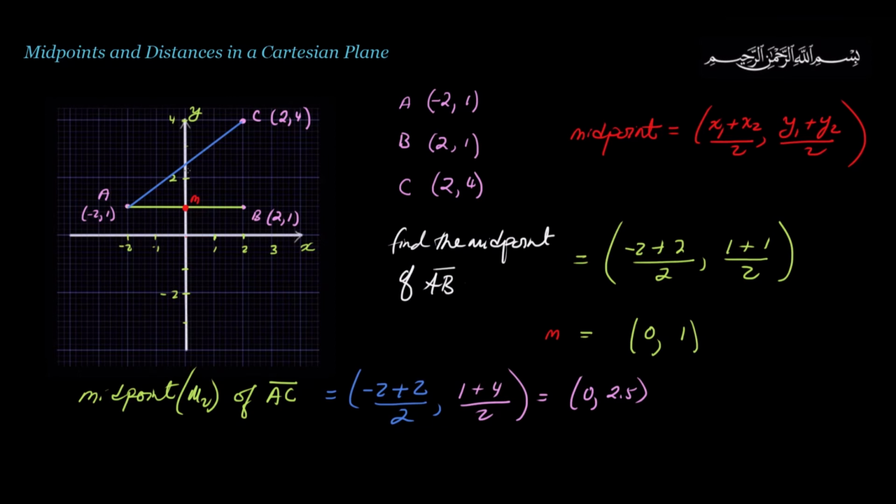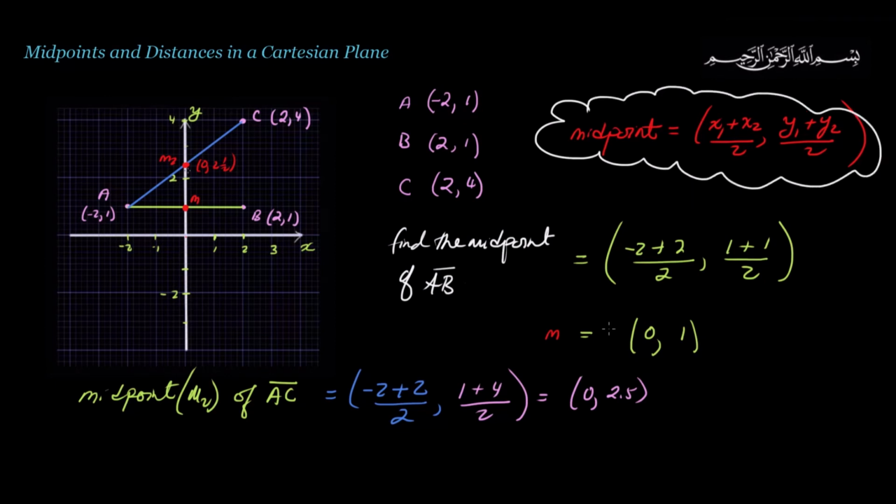So the midpoint here would be (0, 2.5). That's M2 right there, and you can label this on the graph too if you wanted to. So finding a midpoint in a Cartesian plane is very easy, and that is the formula for finding the midpoint.